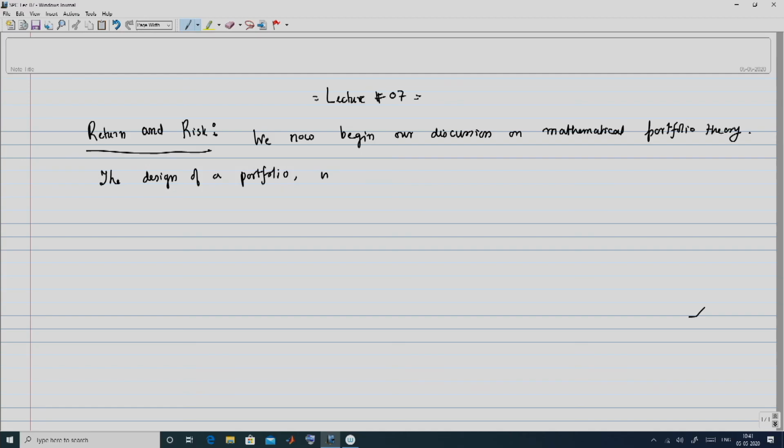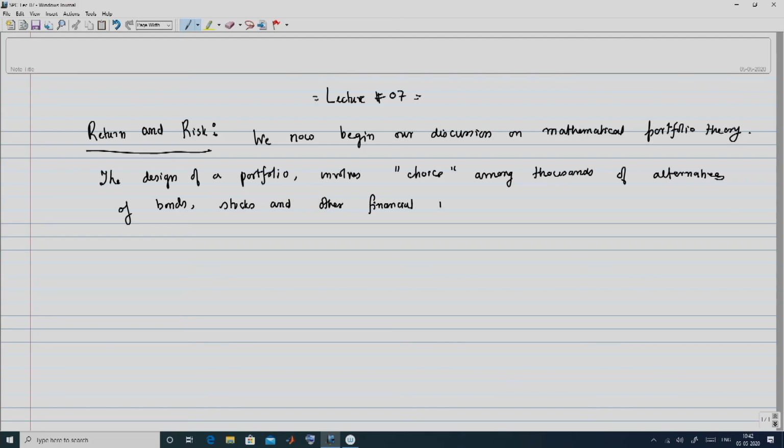The design of a portfolio involves something called the choice among thousands of alternatives of bonds, stocks and other financial instruments such as derivatives.